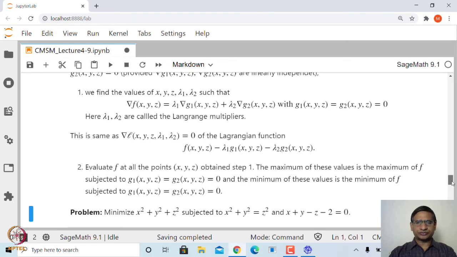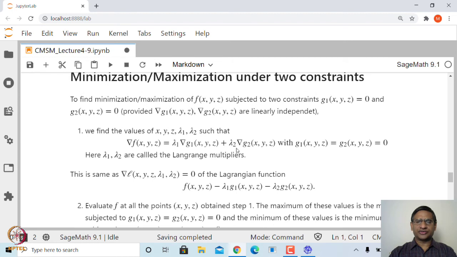Only in the previous one this term was missing. You can now see that in case you want to generalize with more constraints, you will have so many Lagrange multipliers. That is the generalization, and again in this case one has second order necessary and sufficient conditions for a point to be maximum or minimum subject to these constraints.